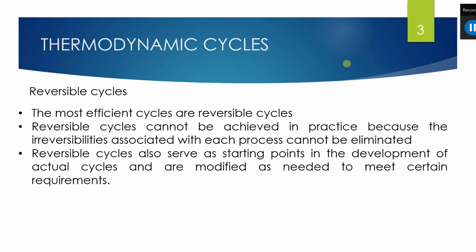What is a reversible cycle? I already said that a reversible process is a process in which both the system and the surroundings return to their original state when the direction of that process is reversed. In a reversible process, there is no change in the entropy of the system.